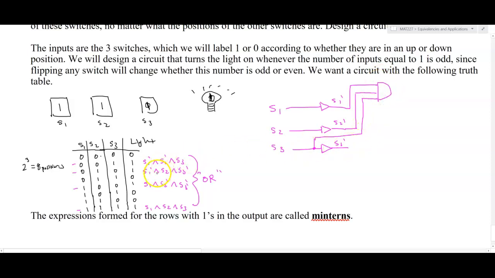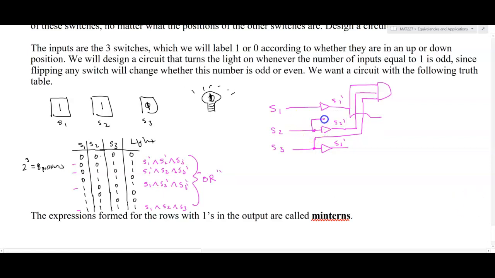And then I also want S1 prime and S2 and S3 prime, so I am going to grab S1 prime. I'm just going to draw a little hoop over here to show that those aren't connected. That'll go into a gate. And S2, so I'm going to need to grab an S2 signal from before the inverter.